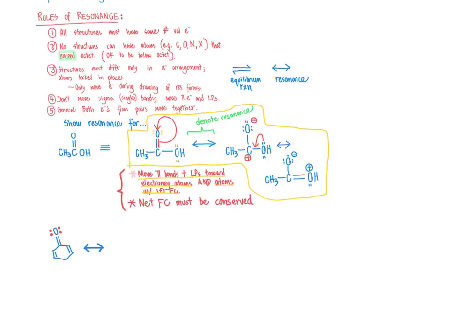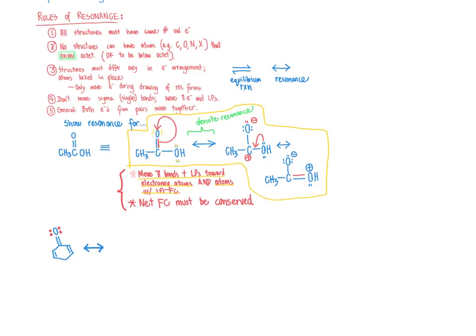So let's go ahead and do that. And what we're going to do is take the pi bond here, and thinking about electronegative atoms, because there aren't any atoms with positive formal charge, the electronegative atom is the oxygen. So what if we take that pi bond and move it up here? That's going to create for us a second possible resonance structure. So we will go ahead and draw the structure for that in just a moment.